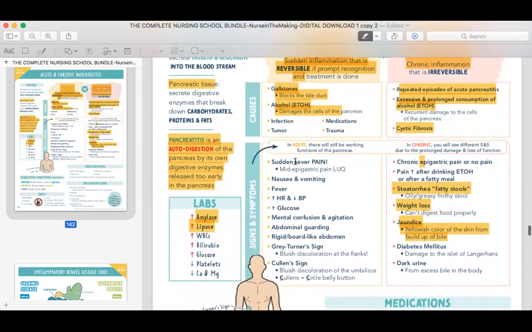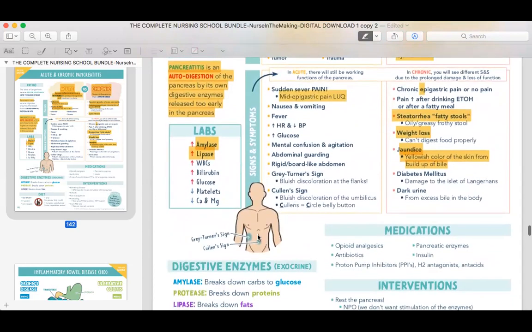Now, acute pancreatitis, right? So you're going to have mid epigastric pain, left upper quadrant pain. So if you go over here, your little abdomen, left upper quadrant pain. So mid epigastric pain, around there. You are going to have confusion and agitation.